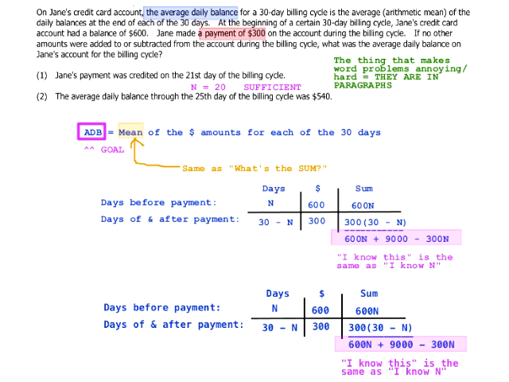What you can think about is that this is kind of the same analysis we've already done, except that you can put 25 in there, because we're talking about the average balance through the 25th day.